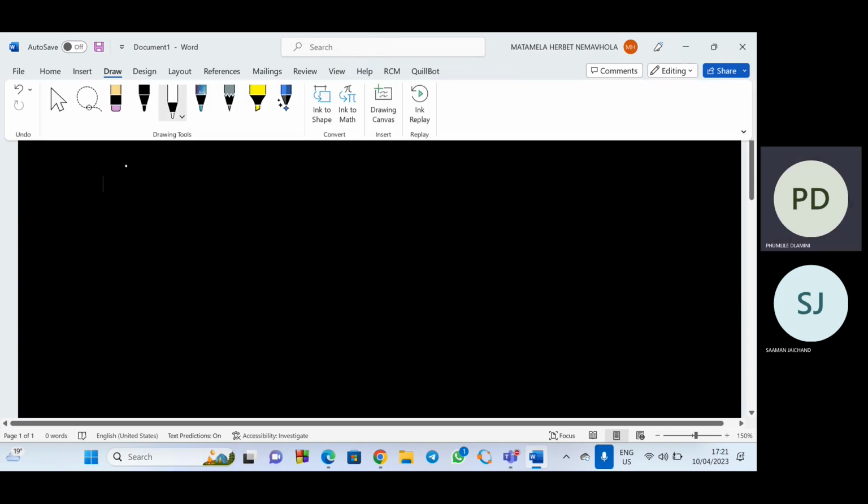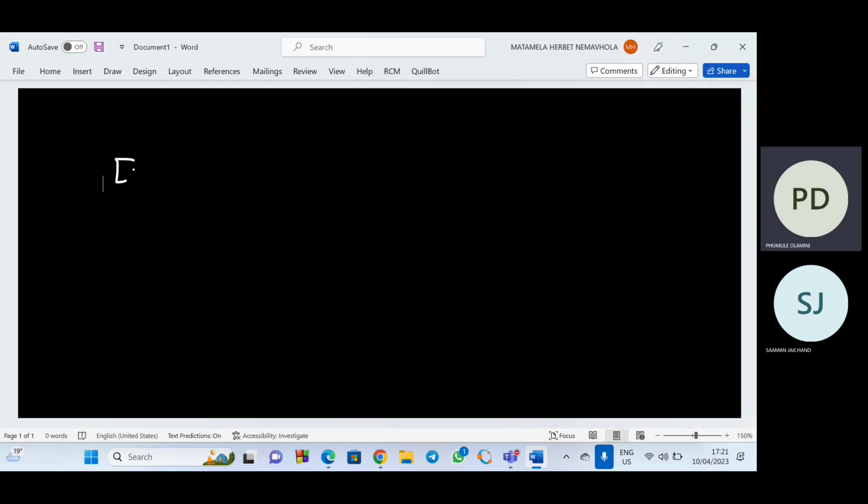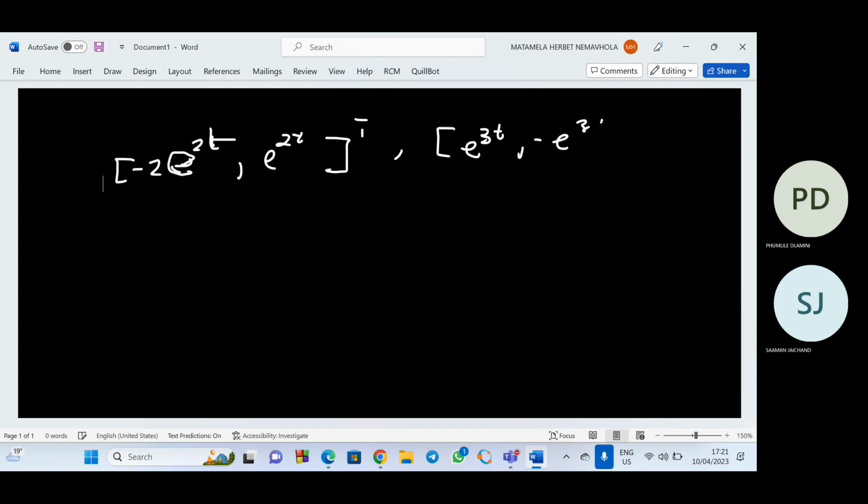So they say that (-2e^{2t}, e^{2t}) in transpose form, and also (e^{3t}, -e^{3t}) in transpose form, are solutions of the system.